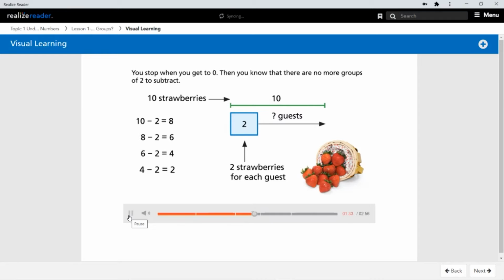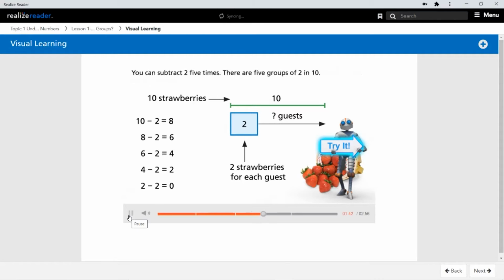You stop when you get to 0. Then you know that there are no more groups of 2 to subtract. You can subtract 2 5 times. There are 5 groups of 2 in 10. There are no strawberries left. June can serve 5 guests.